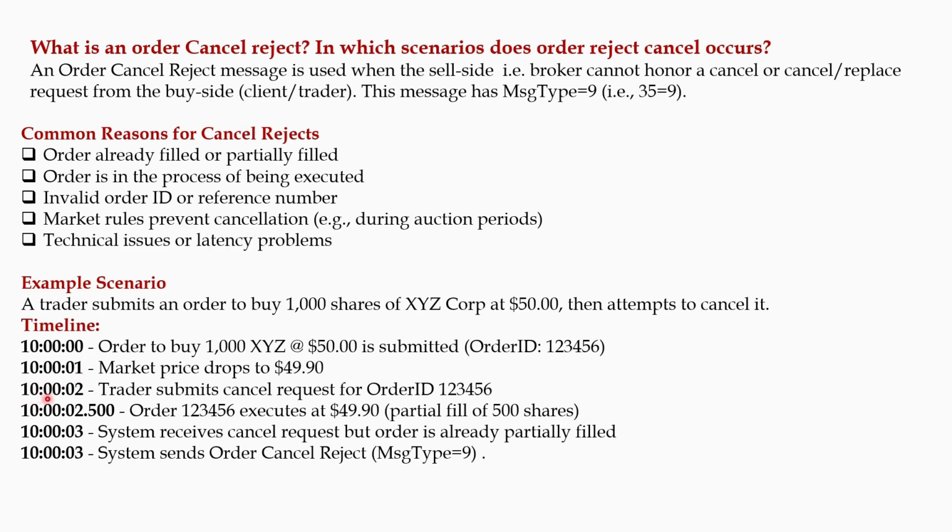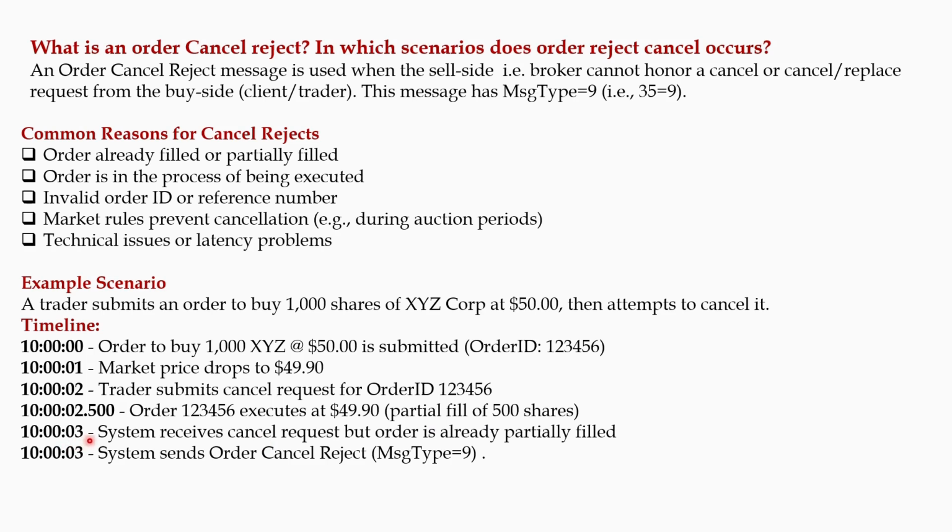At 10:00:02, the trader submits a cancel request for order ID 123456 because he wants to buy at $50, not at $49.90. And at 10:00:02.500, order 123456 executes. That is, it receives a partial fill of 500 shares.